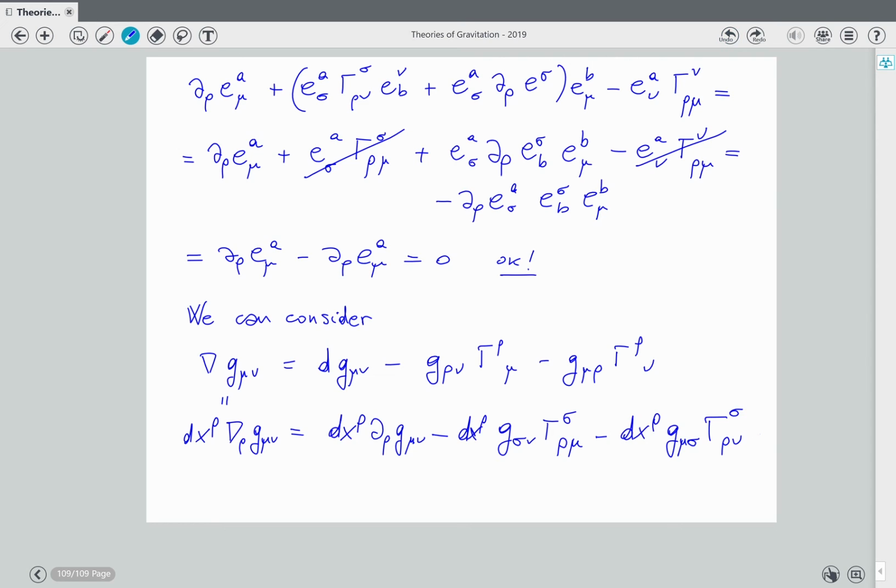So you can write this, checking, comparing the components.